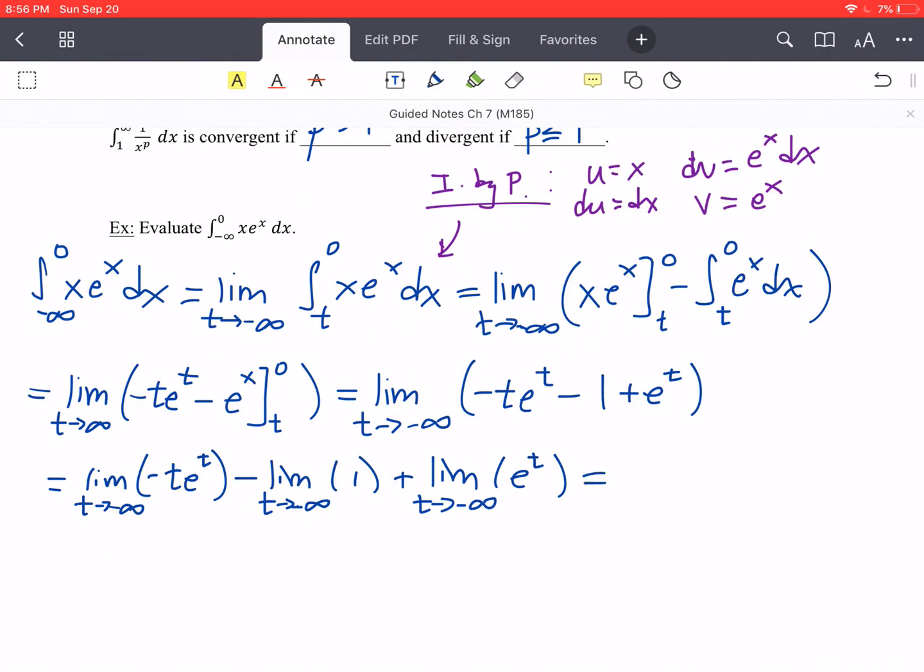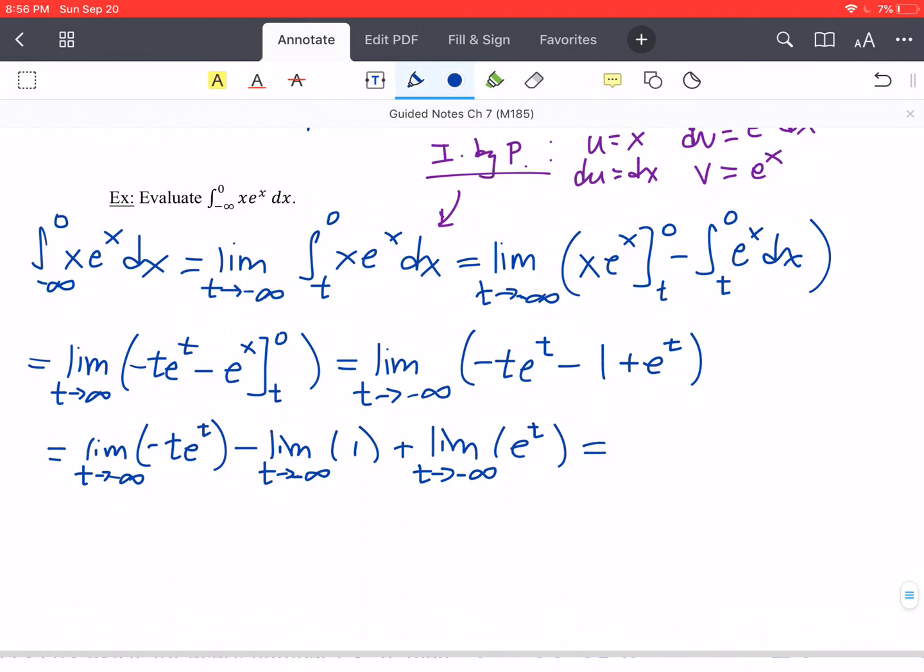Okay, so then I'm just going to do a little bit of side work down here, just so we can see these limits. So we've got the first one, the limit as t approaches negative infinity of t e to the t. It doesn't matter whether it's positive or negative t e to the t.